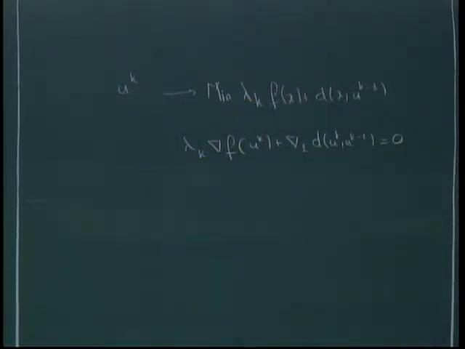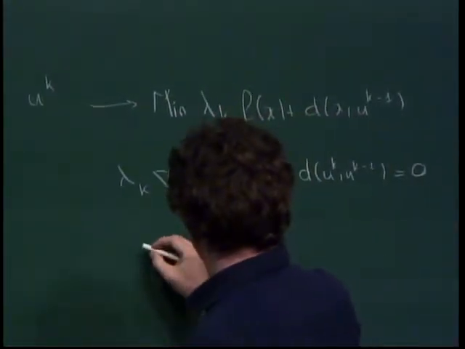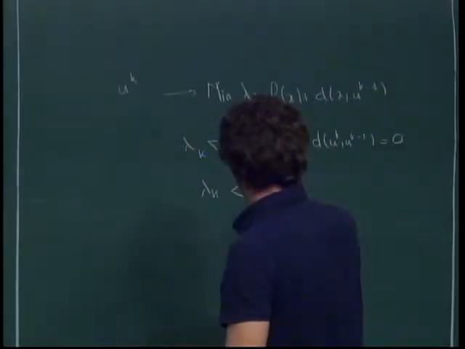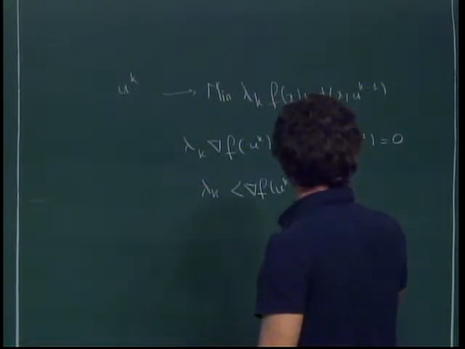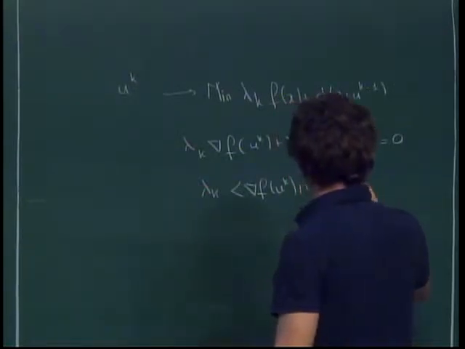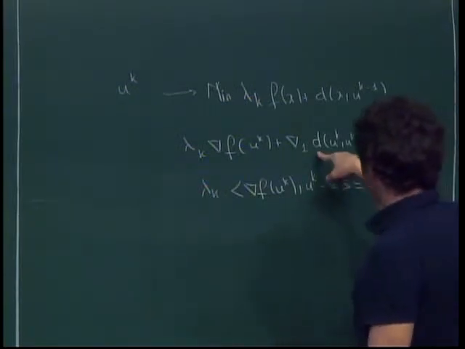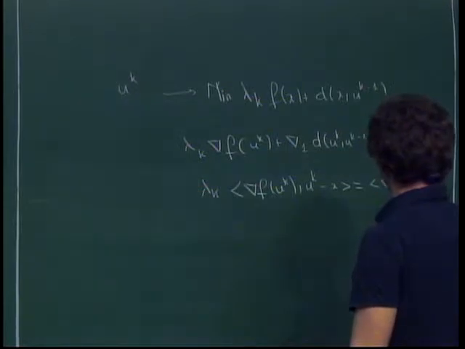After, we can have an estimation of the decrease of this algorithm when we write it like this: lambda_k f of u_k minus f of x, where x is a random point, is equal to minus this, which gives this quantity.